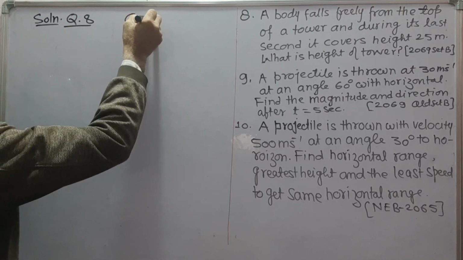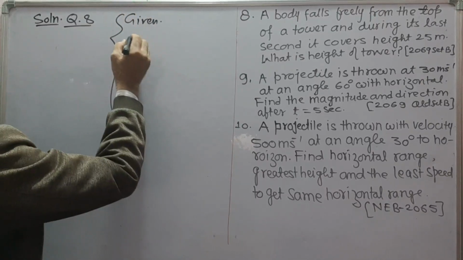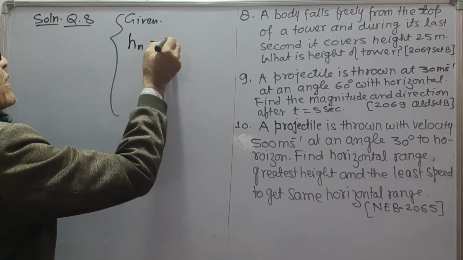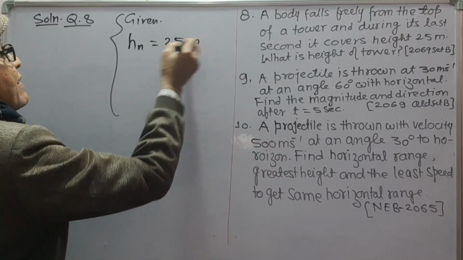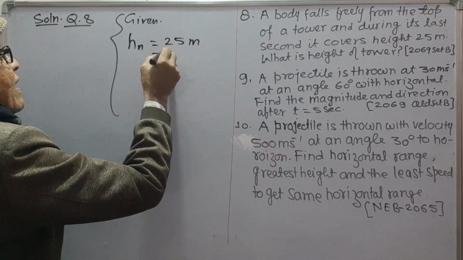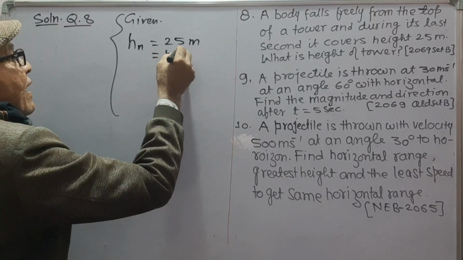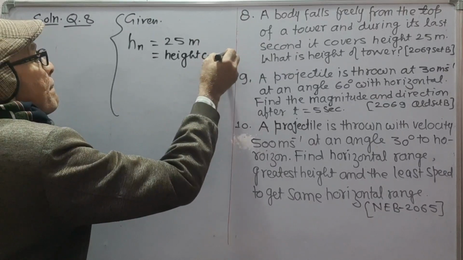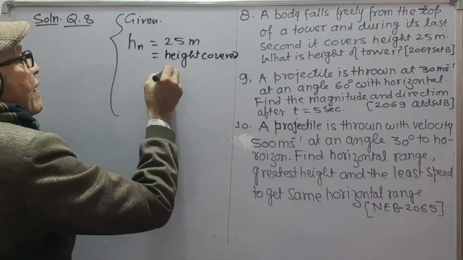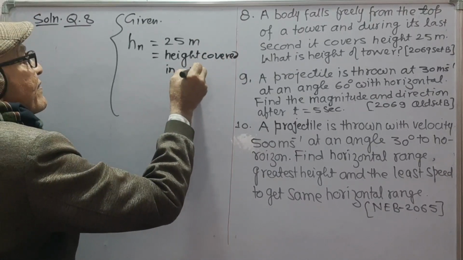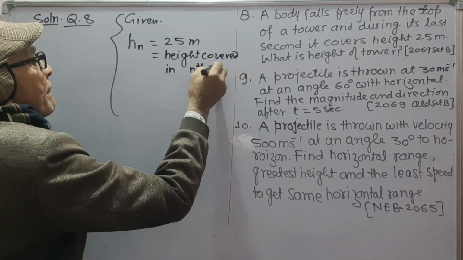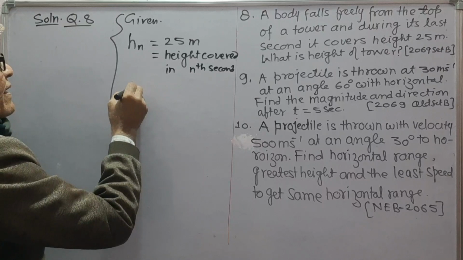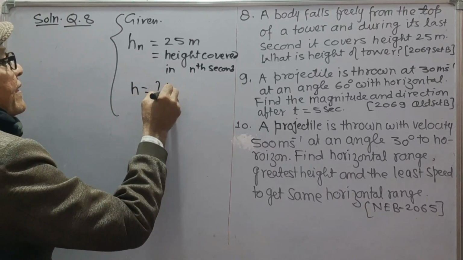Given, hn is equal to 25 meter. This is height covered in nth second. We have to find height of tower.